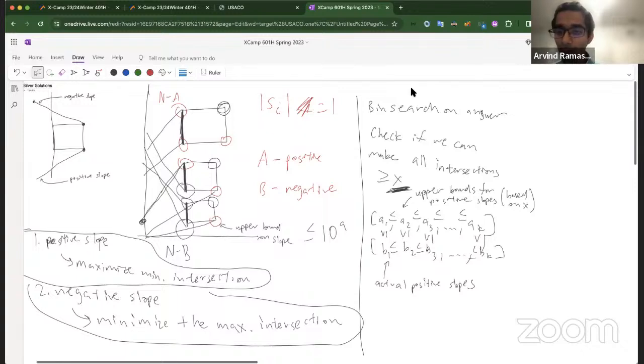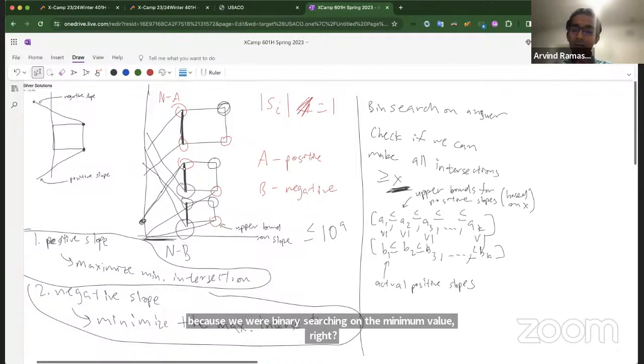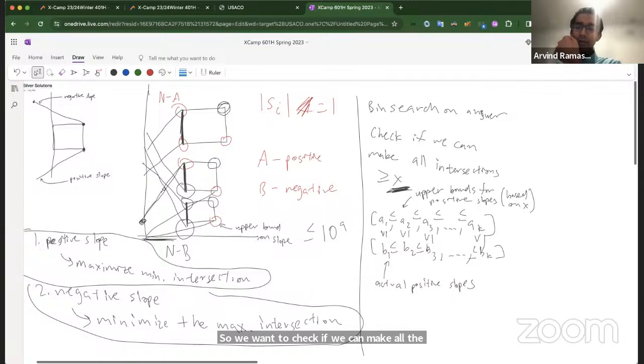So why is there an upper bound on the slopes? It's because we're binary searching on the minimum value, right? We want to check if we can make all the intersections of the positive slopes greater than or equal to x.